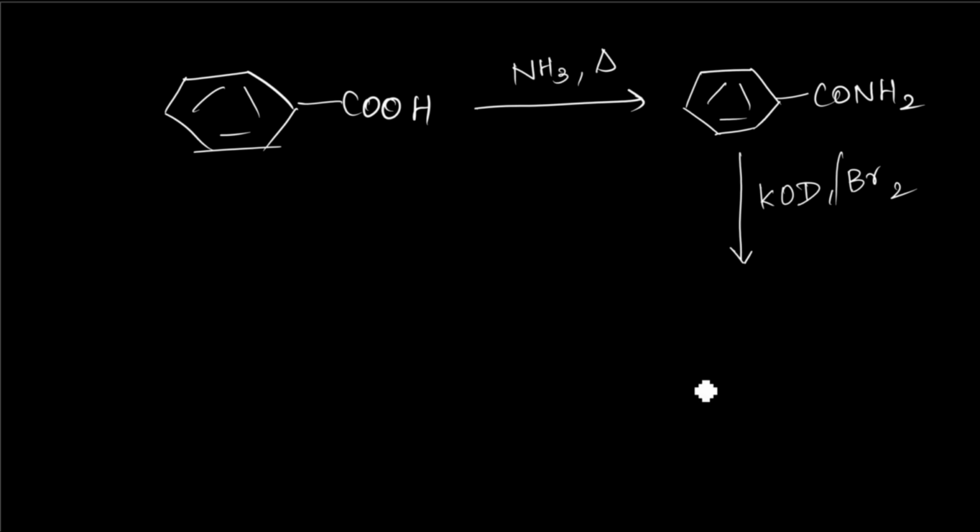Correct? So in this step, it will form an amine from the amide. This is a very famous reaction, guys. But the twist over here is how it is forming the amine. We know that it will form an amine, but with deuterium or not, that is our question.